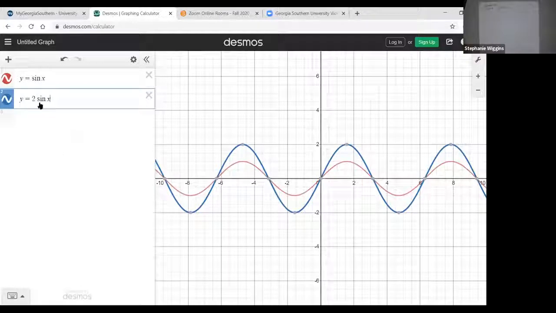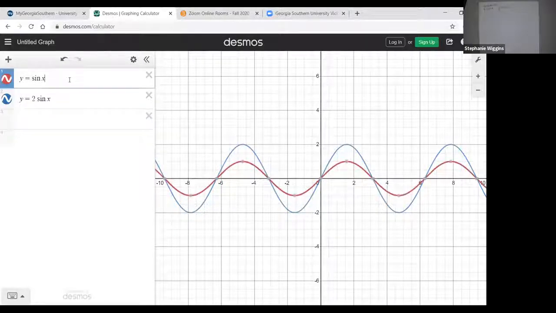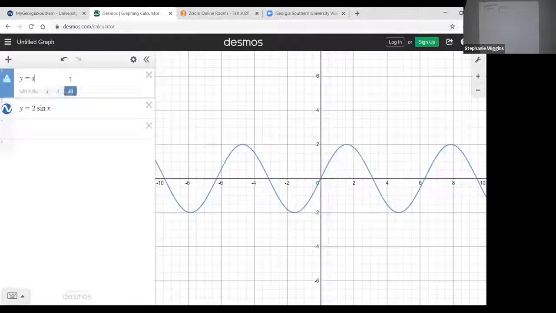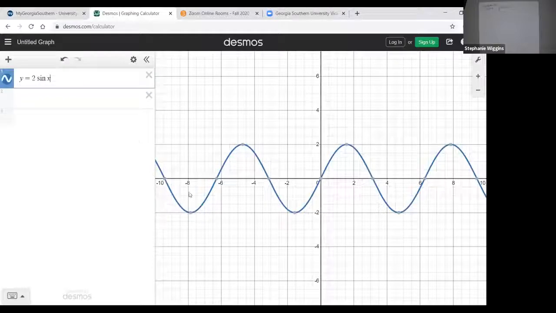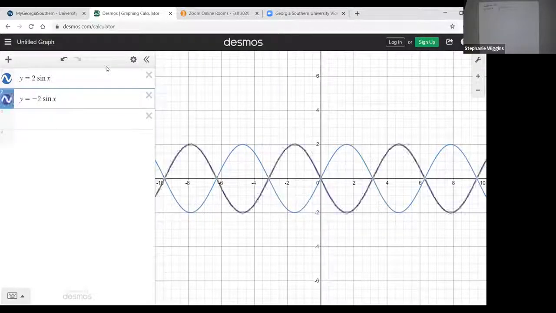Now watch what happens when I put a negative sign in front of the 2. I'm going to get rid of my sine graph here so it's not too cluttered. And so I have y equals 2 sine x. Now I'm going to do y equals minus 2 sine x. See how it flips the graph over the x-axis?